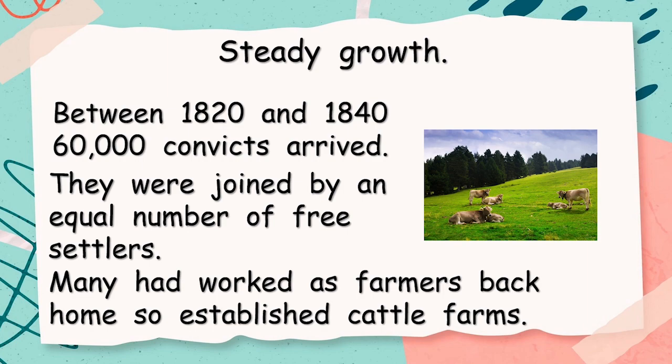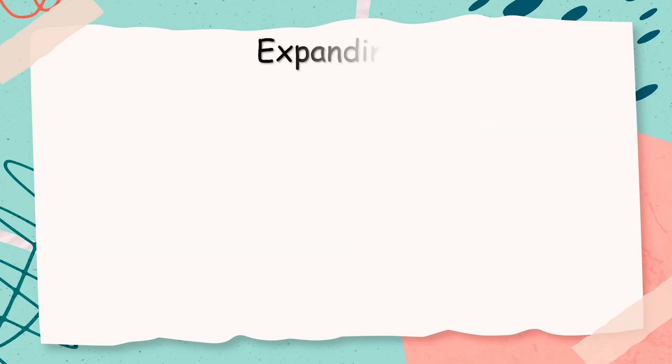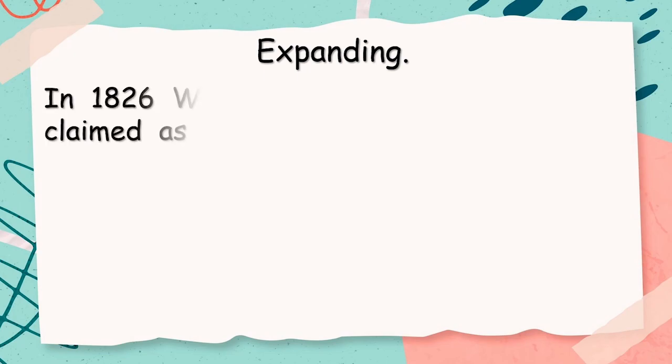Don't forget, Australia is huge, so lots of space to keep your cattle. So we had 60,000 convicts, that's another word for prisoner, and 60,000 free people that just wanted to go and live there. It was expanding, always growing.